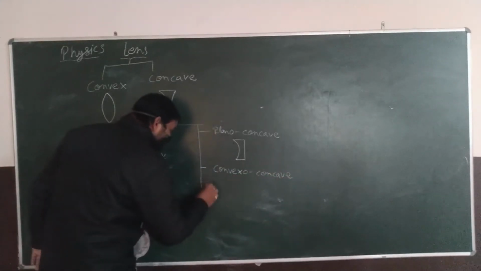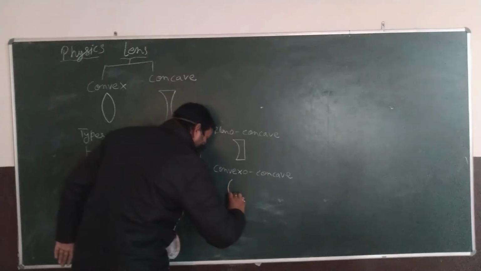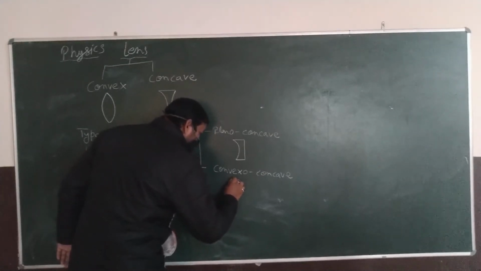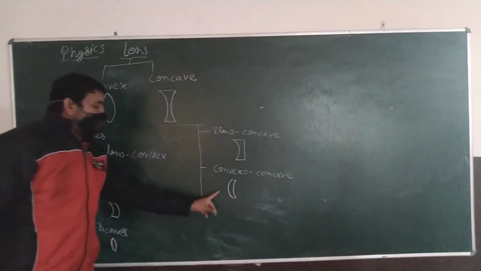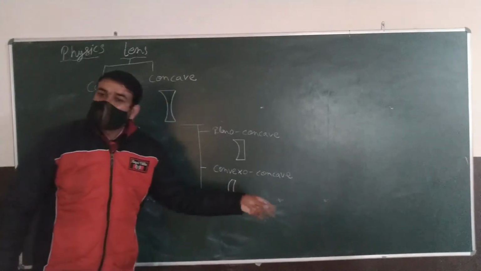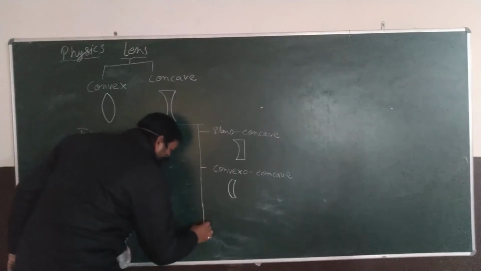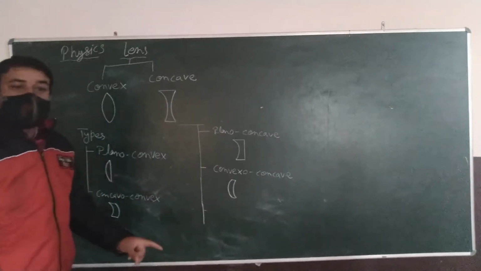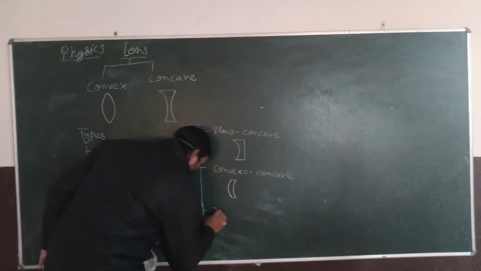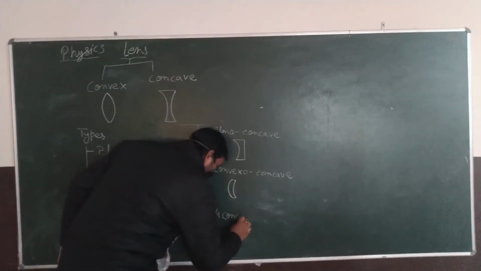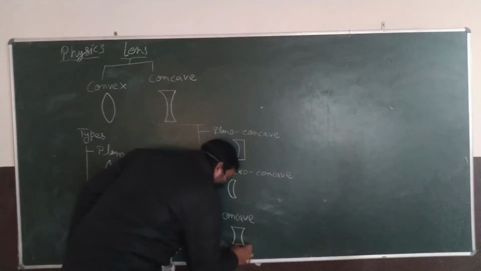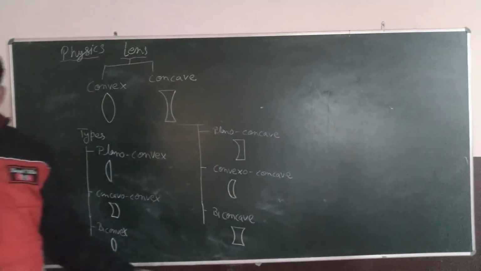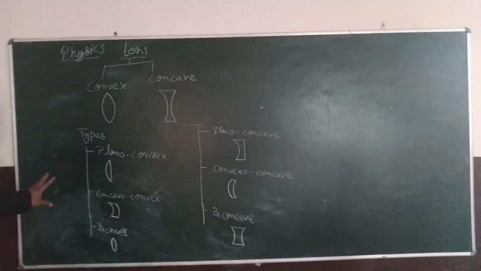This is convex at the first end and concave at the second end. And third is biconcave. It has a depressed or concave surface on both sides. These are the types of lenses.